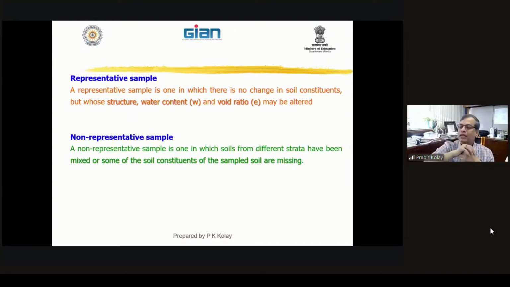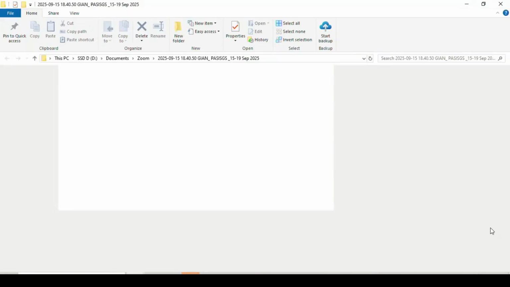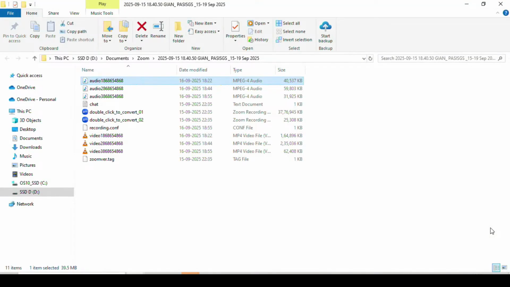Also, while taking out the soil sample, the structure of the soil may change, or the water content or void ratio may change. If everything is maintained, then it's called a representative sample.